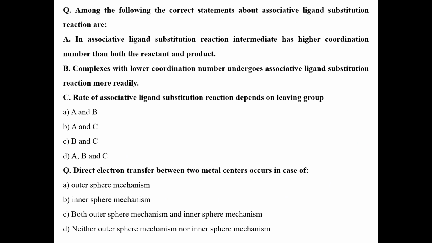And the rate of associative ligand substitution reaction depends upon the leaving group. No, it basically depends upon the incoming group. Because let's say you have a complex. If the bond between this metal and this incoming ligand is strong enough compared to these bonds, it easily replaces them.